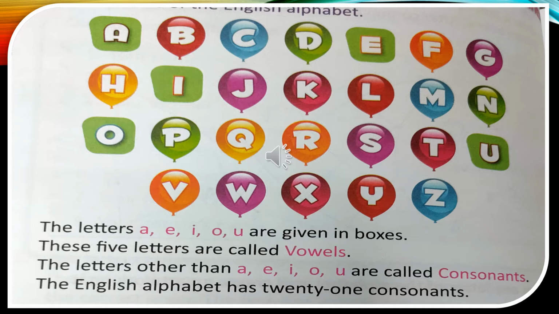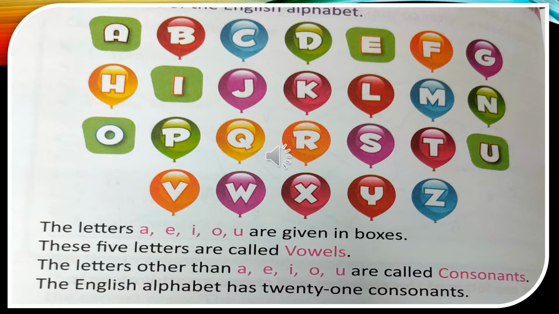Those 5 vowels are A, E, I, O and U. These vowels are of two types, long vowels and short vowels. Vowels which we pronounce for a longer period are called long vowels, and vowels which we pronounce quickly, we call them short vowels.